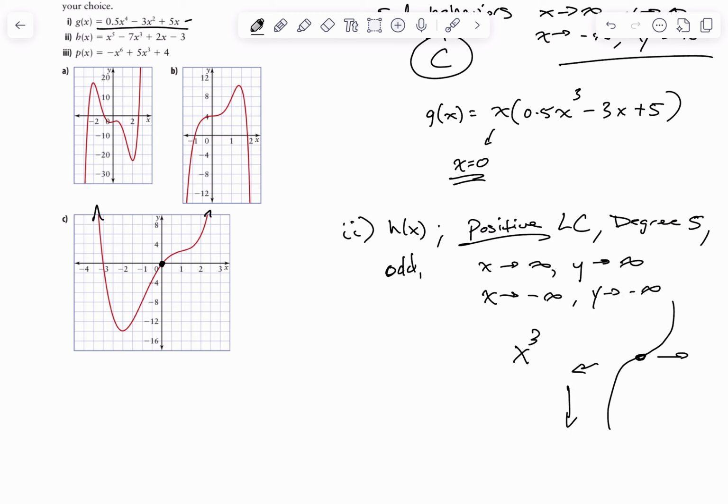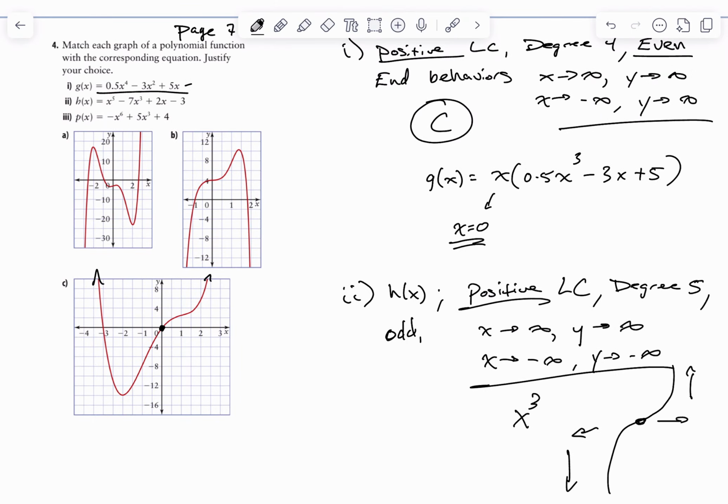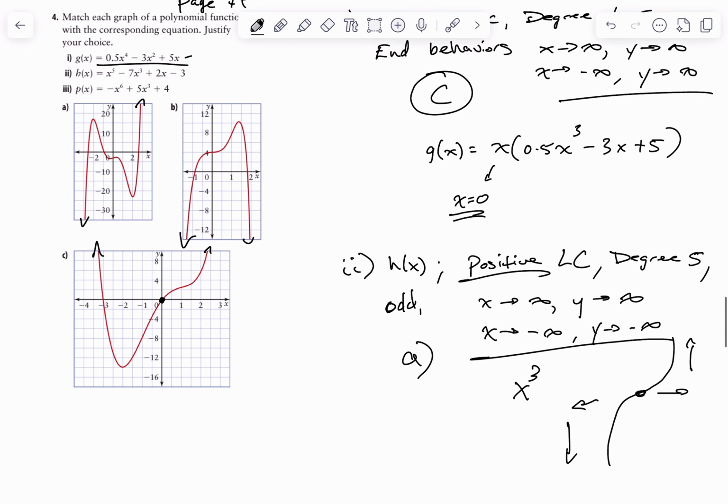Okay, so I always think back to my x cubed graph to kind of get my end behavior straight. So if I'm looking at all of that, I don't think it can be B because the end behaviors are pointing in the same direction. So it looks like A is going to be the graph that I select to match with 2.